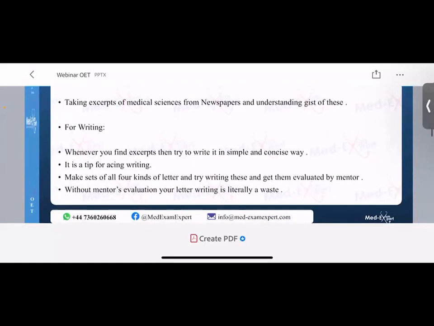Now come to writing. For writing, whenever you find an excerpt, try to write it in a simple and concise way. This is the tip for the OET writing exam: your letter writing should be simple and concise. I have seen a number of students who write very fancy words, fancy English, in the OET exam. You will not be marked on that fancy English.